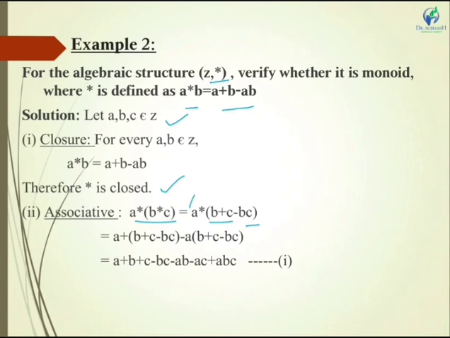Now again I will apply star on these two elements. So first I will add the two elements minus I will multiply the two elements. Now I will multiply this a inside the bracket. So the next equation will be a + b + c - bc - ab - ac + abc. I name it as equation 1.